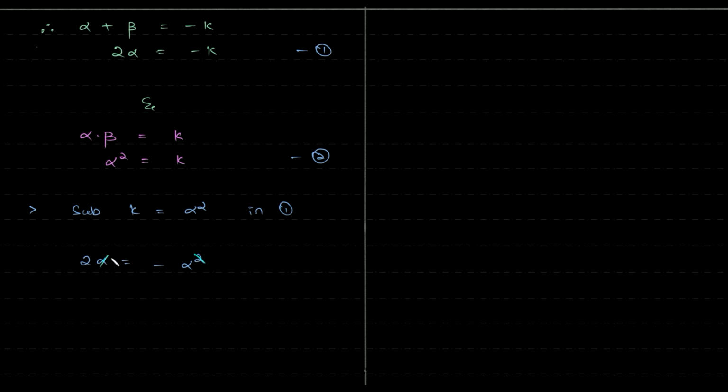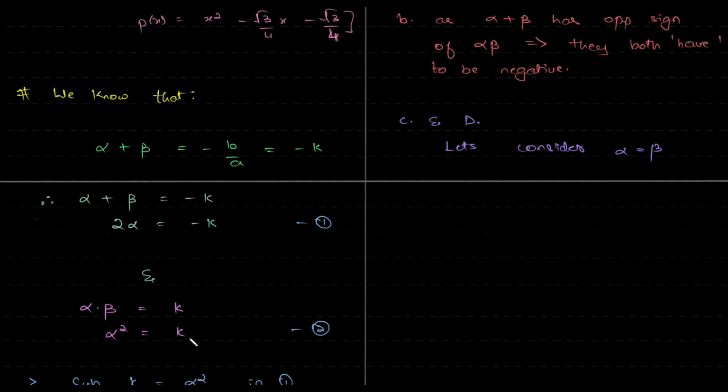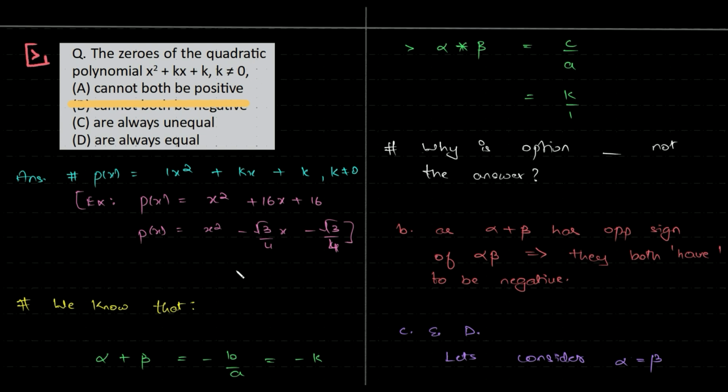So I can cancel, this would be 1 and this would be alpha itself. Therefore, we have alpha is equal to minus 2. Okay. So only for a particular case, when alpha is equal to minus 2 and beta is equal to minus 2, this particular situation is possible.